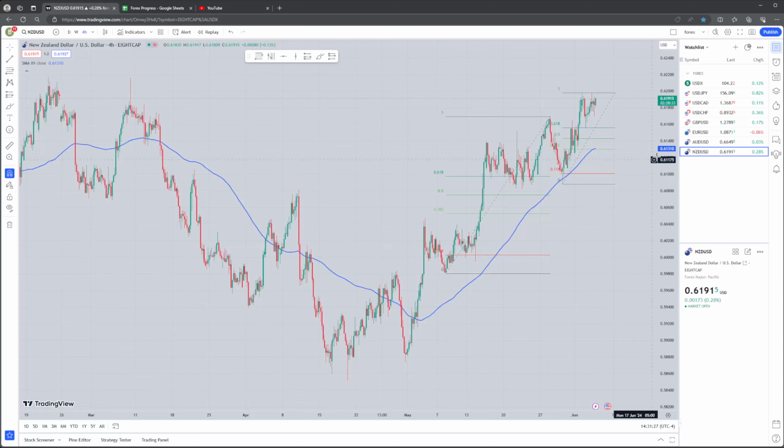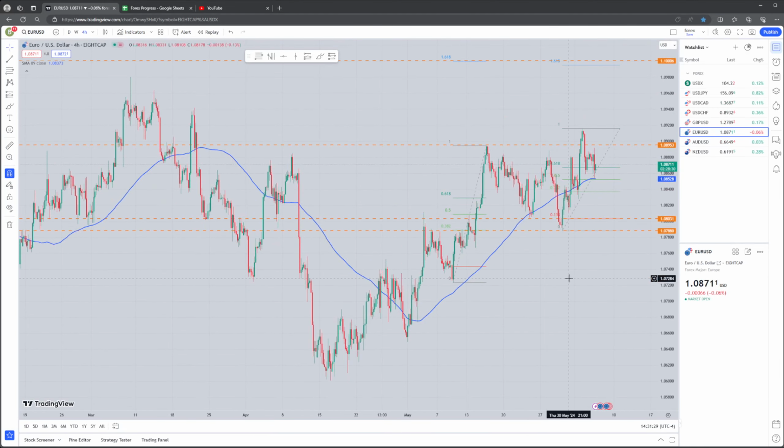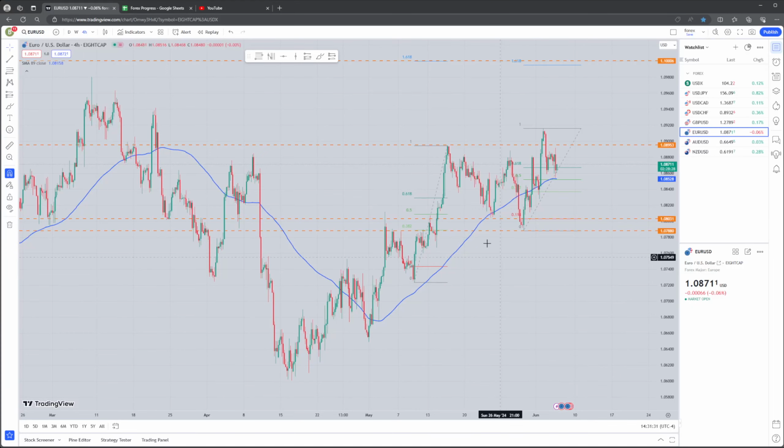Okay, now let's plan for tomorrow, right? So we have an opening position on the Euro USD. So if tomorrow the market retraces against me like this, what if the stop loss hits, right?